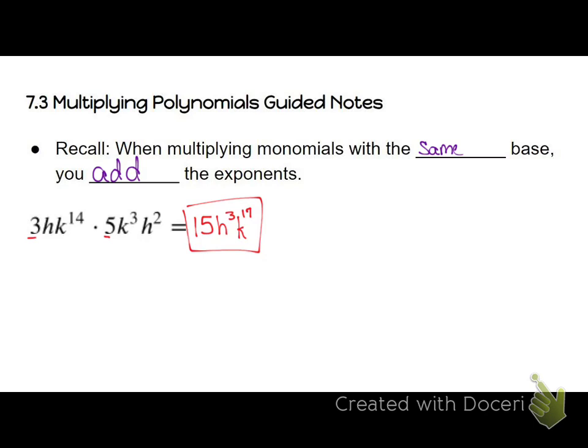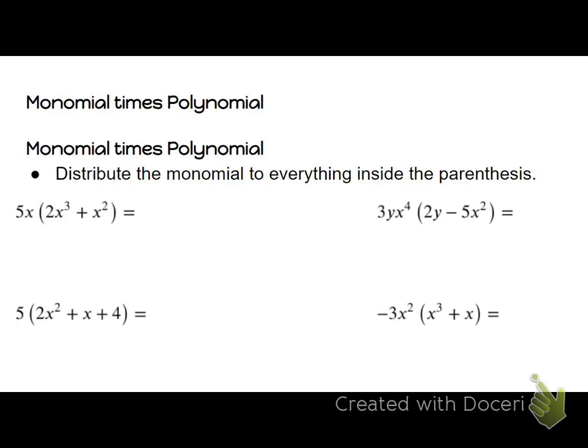So this first one is called a monomial times a polynomial. When you multiply a monomial by a polynomial, the only step you have to do is distribute the monomial to everything inside the parentheses. So I'm going to take this 5x and distribute it to everything inside the parentheses. Do you know how to distribute?